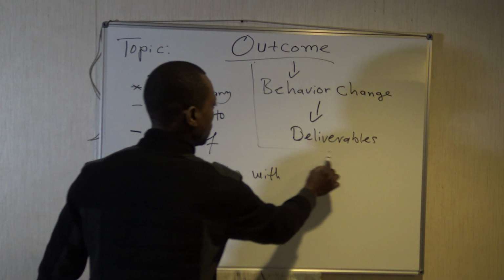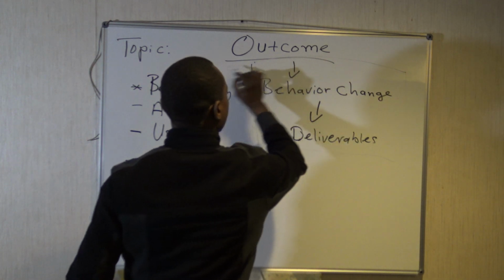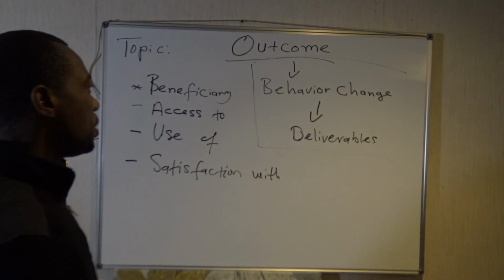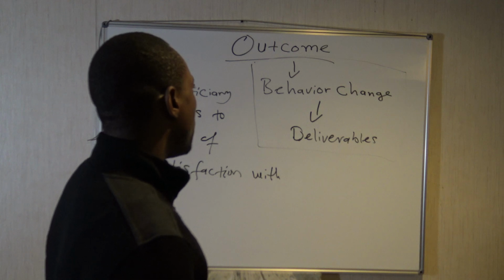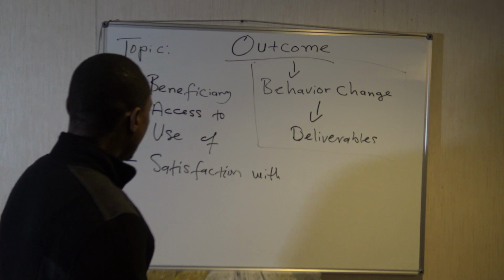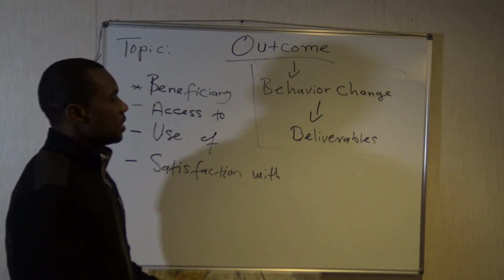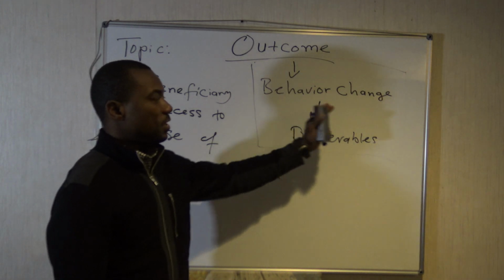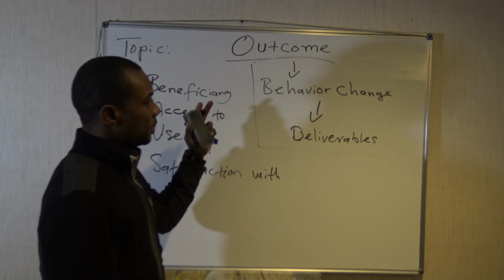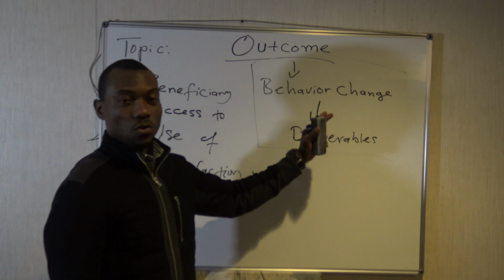So basically we just put this in a box. We say behavior change and then your deliverables. So basically you give them what they want, and they change behavior from someone who was not educated.